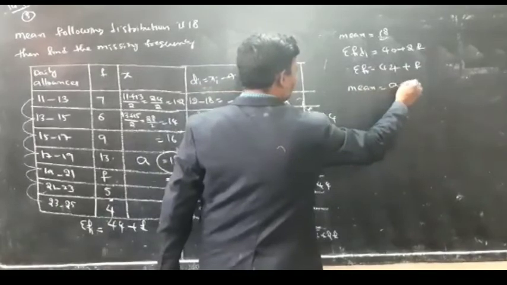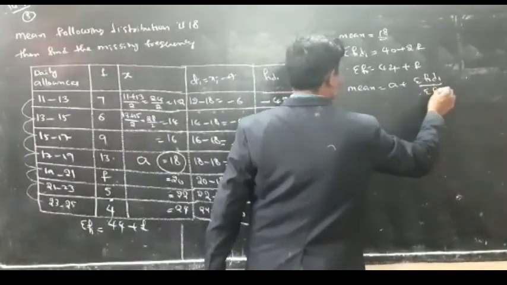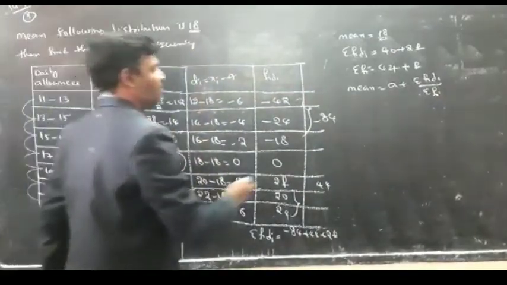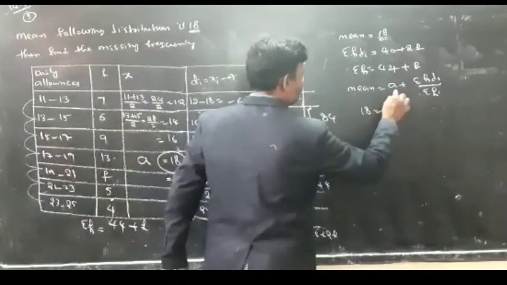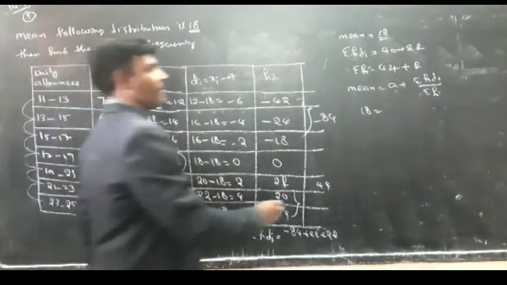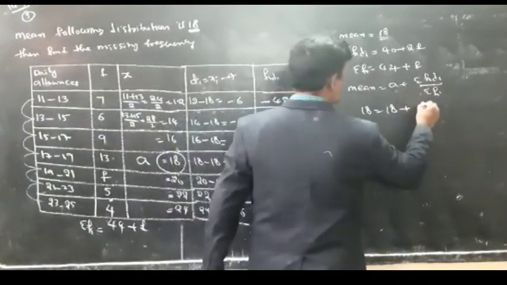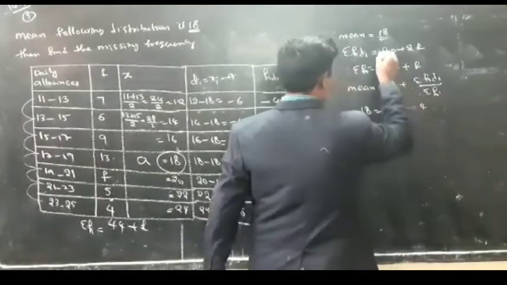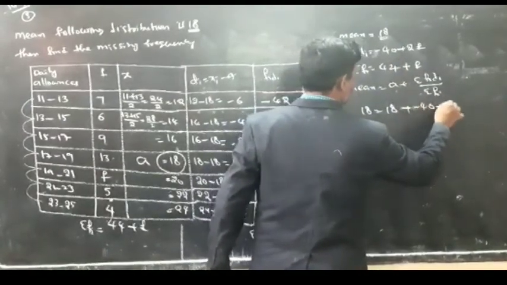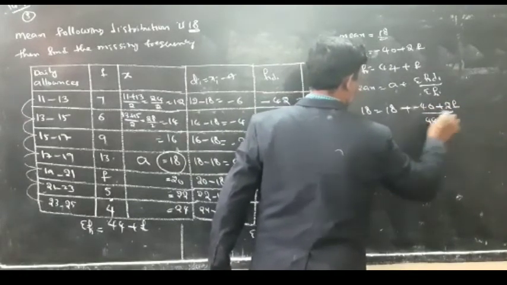What is the formula? Mean is equal to a plus sigma fi di by sigma fi. What is the mean? It is already given in the question, 18. What is the assumed mean? 18 is the assumed mean. So 18 equals 18 plus minus 40 plus 2f by 44 plus f.